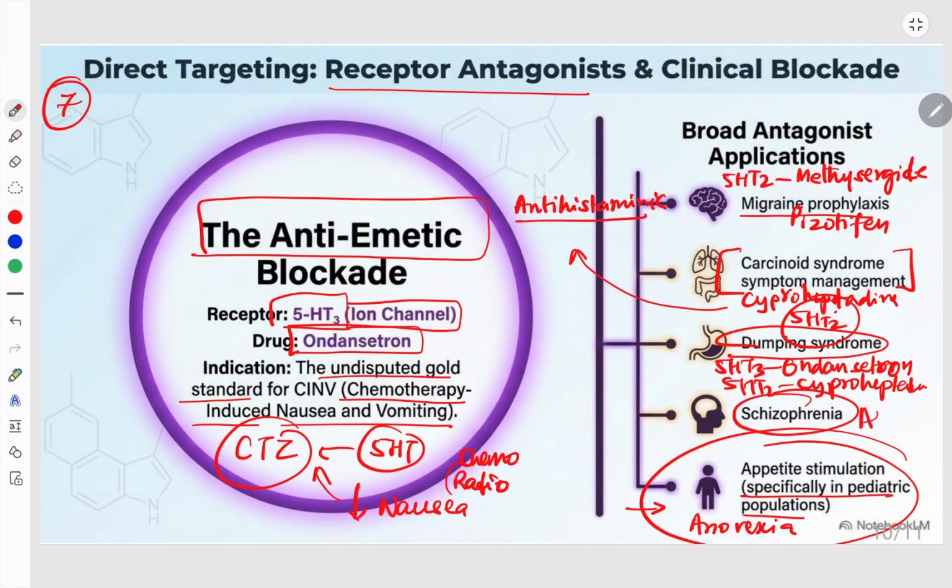Atypical antipsychotics, which are used in the treatment of schizophrenia, also have a 5-HT blocker effect, in addition to their anti-dopaminergic effect. So this is all about serotonin and its biosynthesis, storage, degradation, receptors, and its physiological and pharmacological relevance. Thank you.